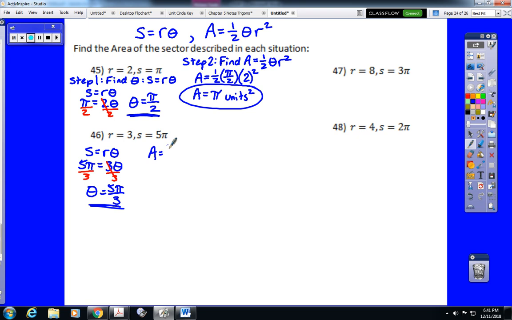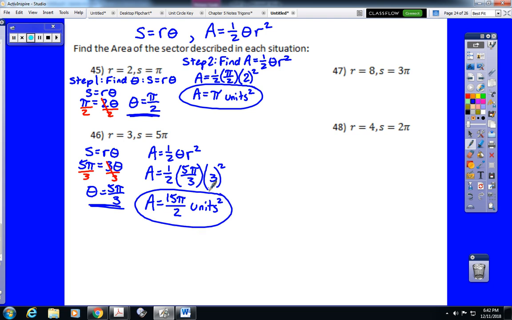So area equals 1/2 theta R squared. That would be 1/2 times 5 pi over 3 times R, which is 3, squared. Feed it to the calculator. 3 would cancel. It gives us 15 pi over 2 units squared. It's an area, so it's in units squared.